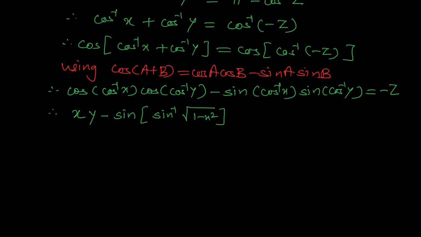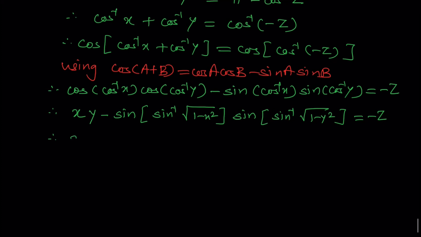Similarly, the second term, sin of cos inverse y, you can write it as sin inverse of root 1 minus y square. Using trigonometric identity, you can easily prove this like the previous problem.